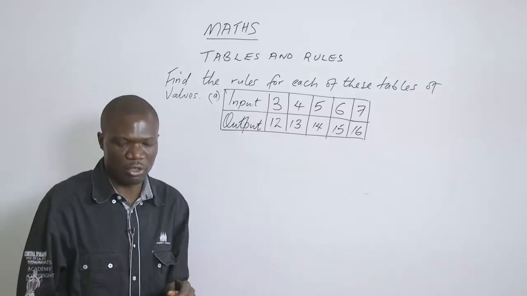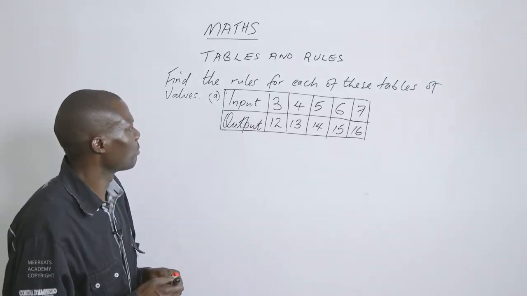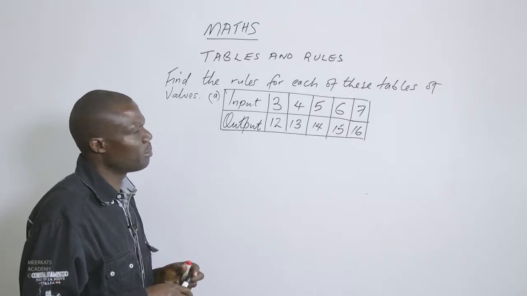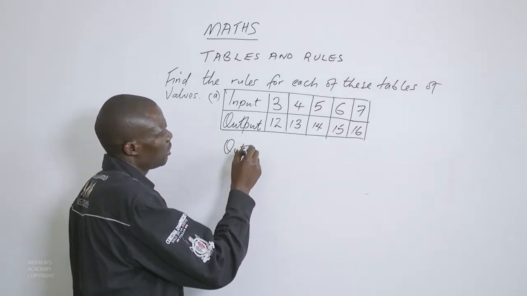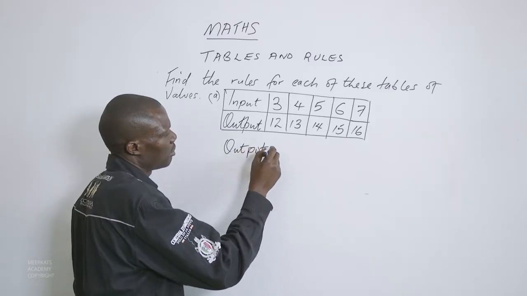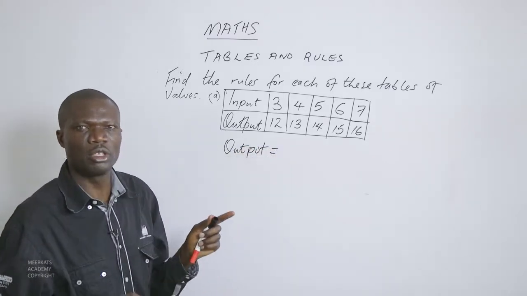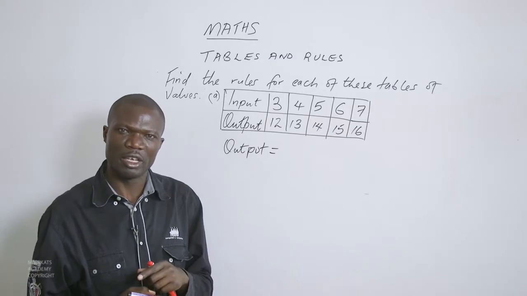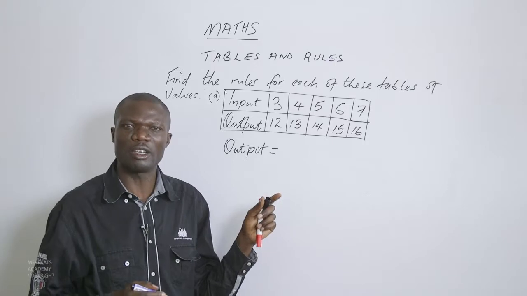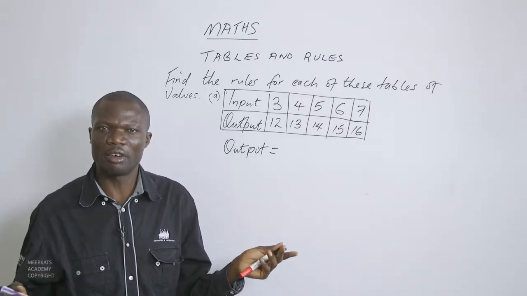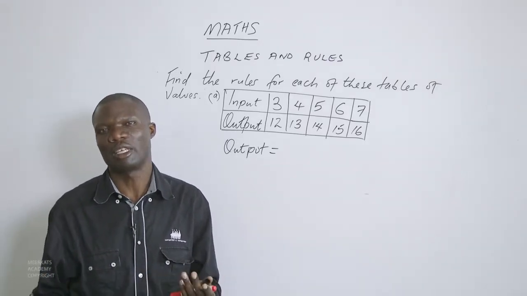So from the first one, if you look at the input and output, we want to find out output is equal to what? It should be equal to input, and then from the input, put something, either to subtract, to add, or to multiply.